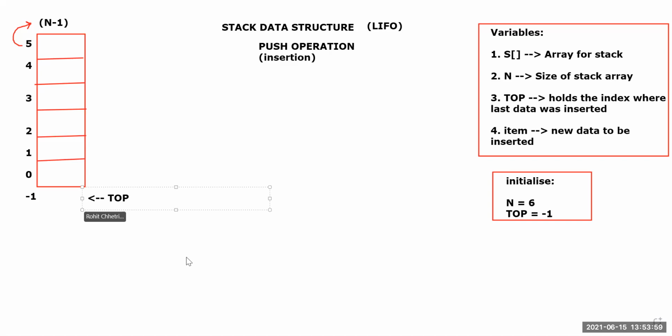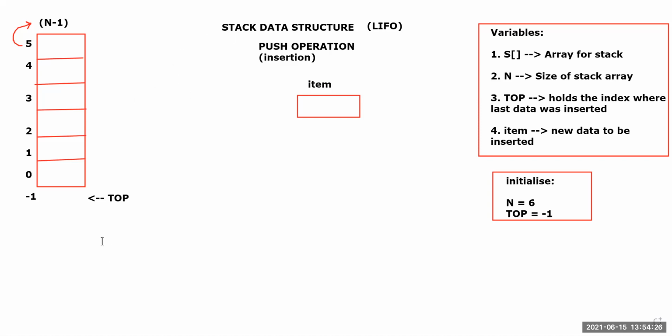All right. Then I require a variable item to hold my data to be inserted. So this is the scenario. All right. So whenever I have an item over here, I will check whether I can increase my top or not.